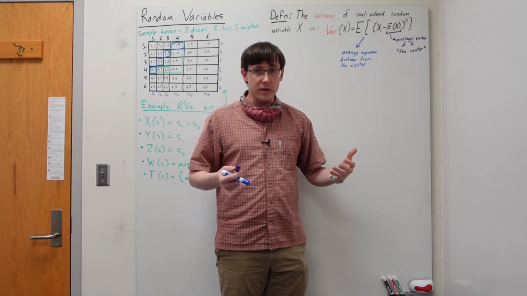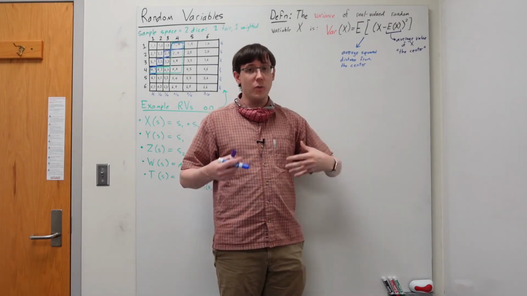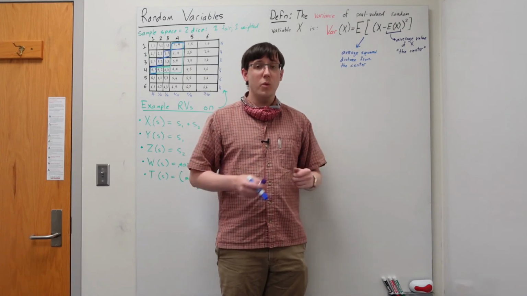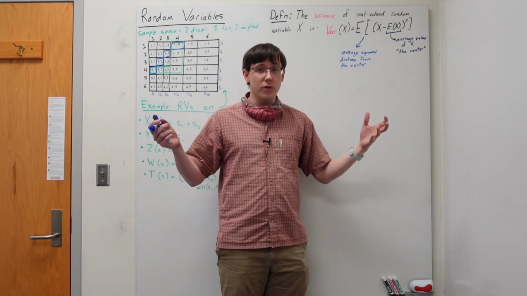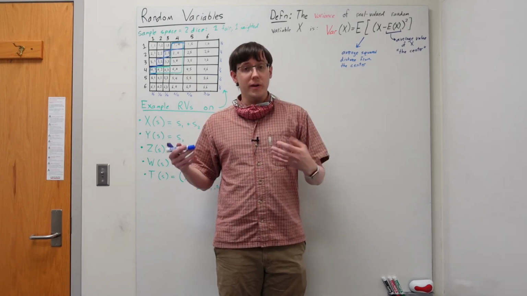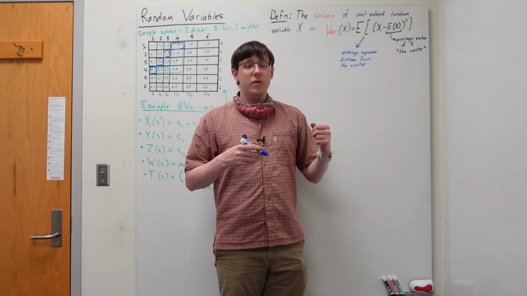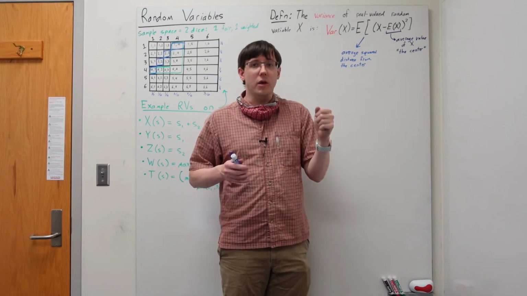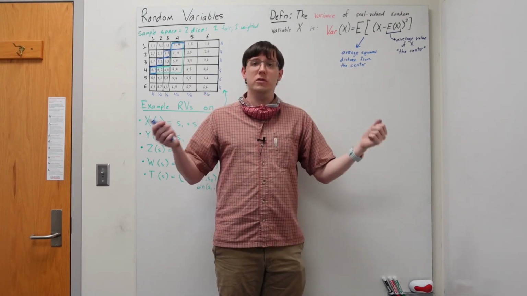And so the variance is the average squared difference from the center, where we are averaging over all of the different values that the variable can take on, the difference between that value and the central value squared.